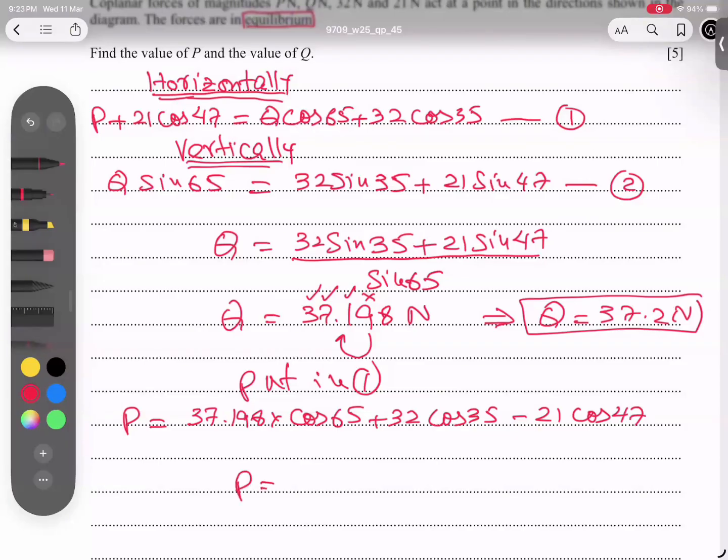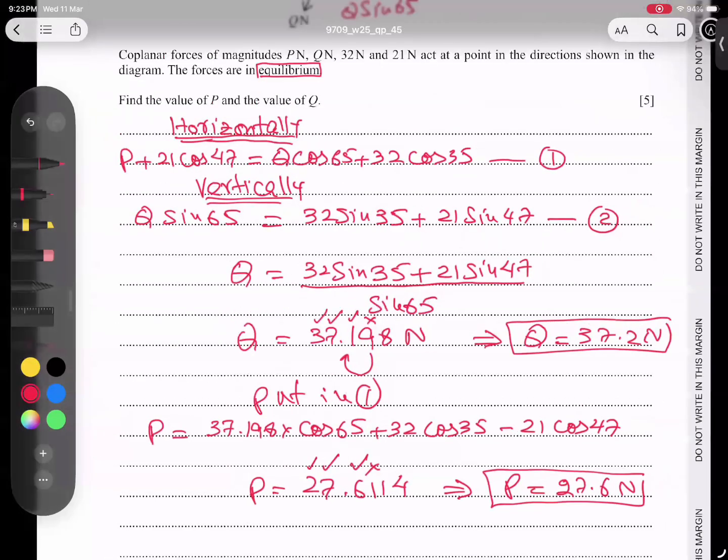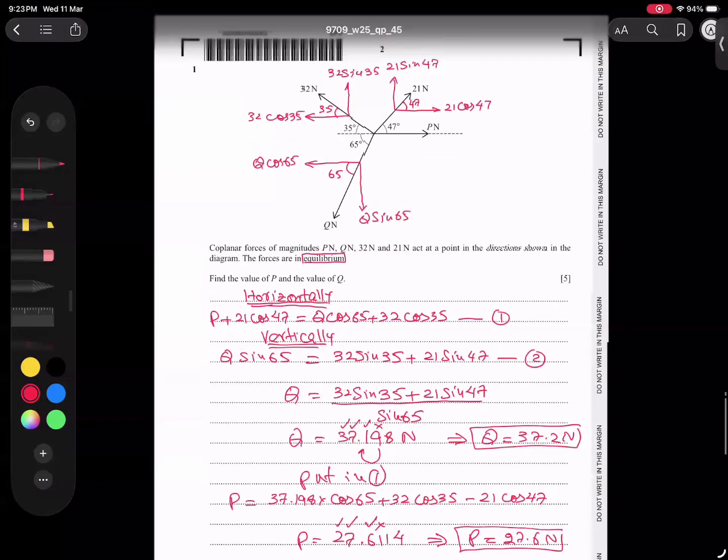If I type in the calculator, 37.198 times cos 65 plus 32 times cos 35 minus 21 times cos 47, my answer turns out to be 27.6114. After rounding, 27.6 newtons. Alhamdulillah Rabbil Alameen, question number one is completely over.